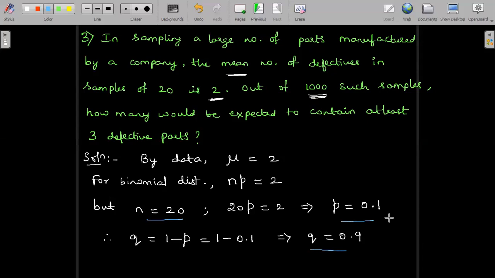With all these known values, we can consider the expression for binomial distribution, the probability of having x successes. Before that, let us denote x as the defective part.